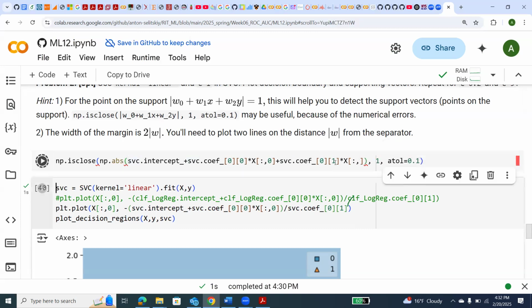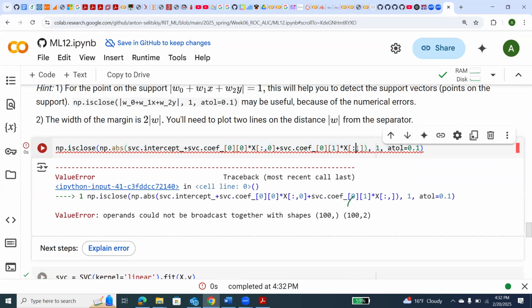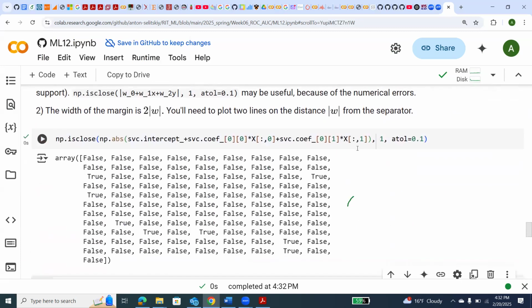So is close to 1. It will return this table where true will stand for actually the support vectors, the points with margin equal to 1.